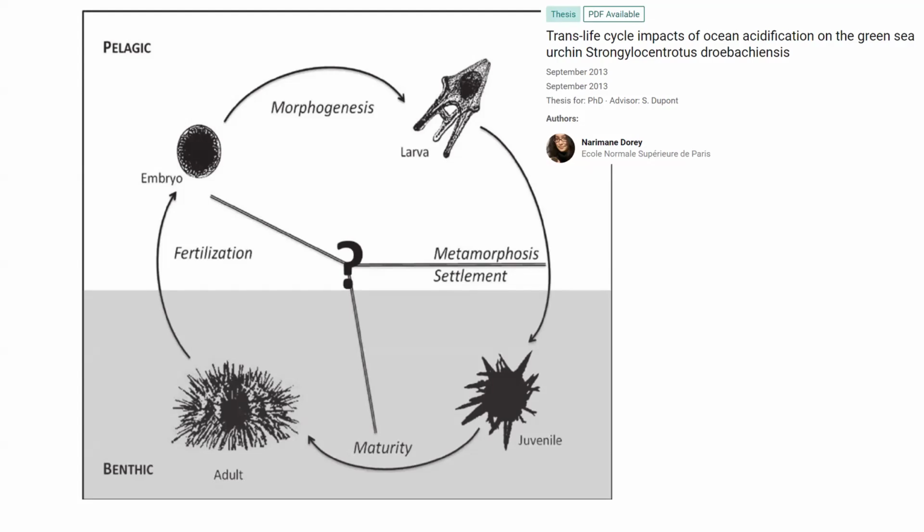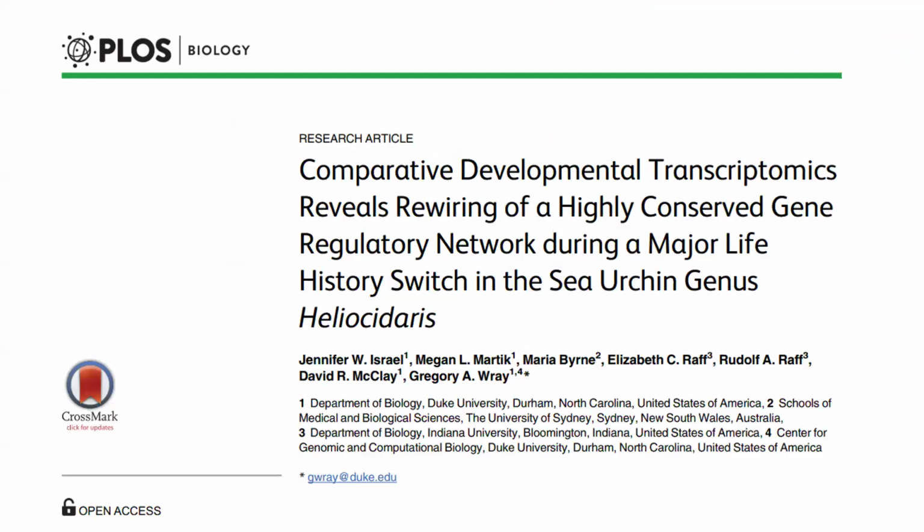This one's by Naramani Dori. I hope I'm pronouncing that right. But the changes that occur in the sequences of the genome, look at the radical differences in the actual life cycle morphology here. Those changes occur due to genetic regulatory network rewiring. Right, so that should be intellectually satisfying to see an example like that.